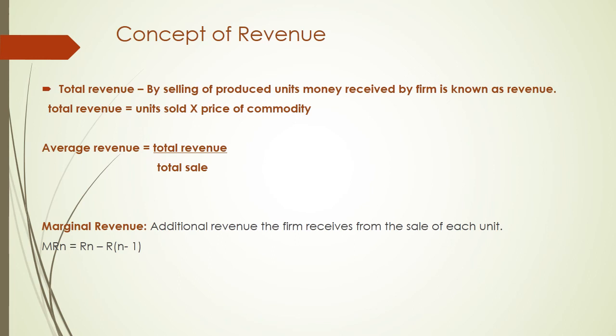Now if the firm decides to sell one more unit, that is 1001 units, then the total revenue will be 50,045 as per the formula, right? So the marginal revenue we can find out as 50,045 minus 50,000. So your marginal revenue is rupees 45. Fine.